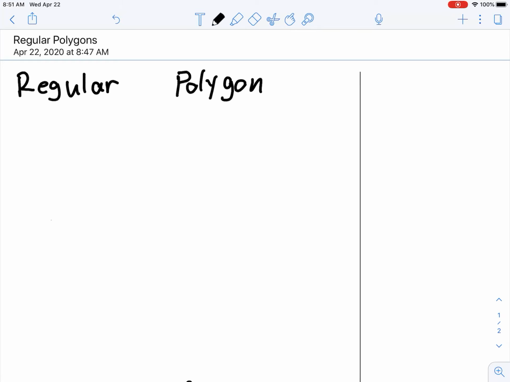Regular means everything is the same, the same lengths when we're talking about the sides of the polygon. The word polygon has "poly" in it, and poly means many. A gon is a type of shape. Many sides.